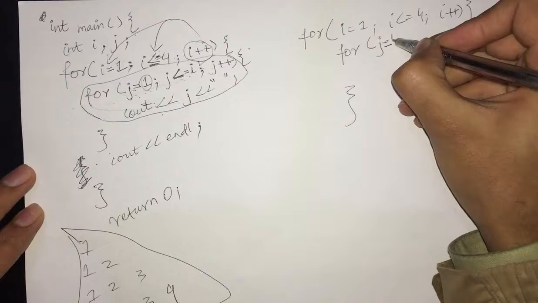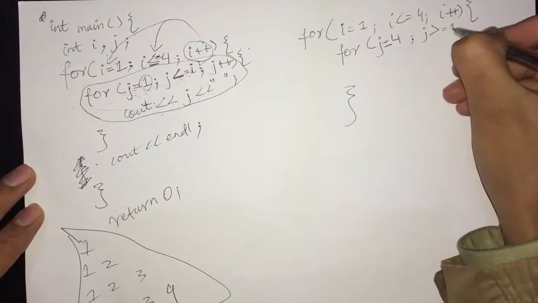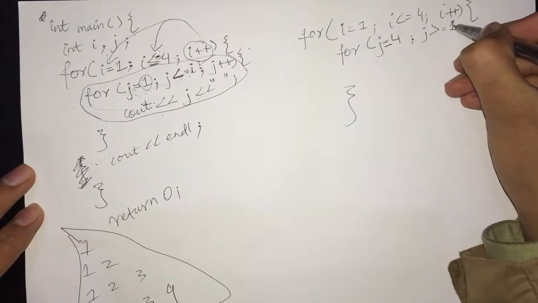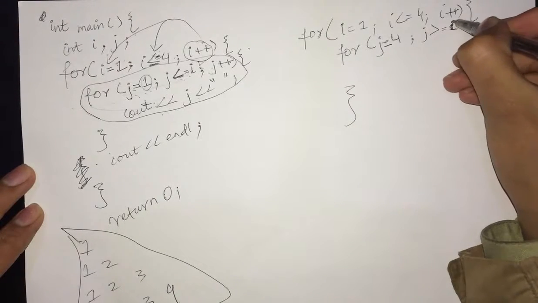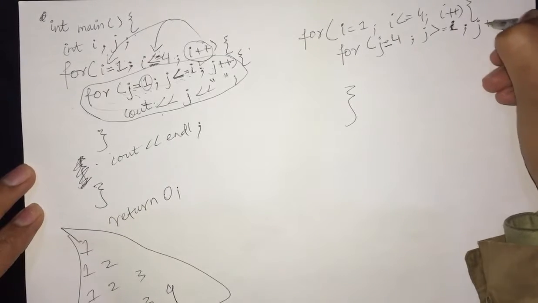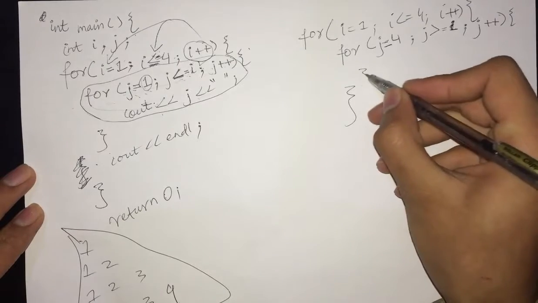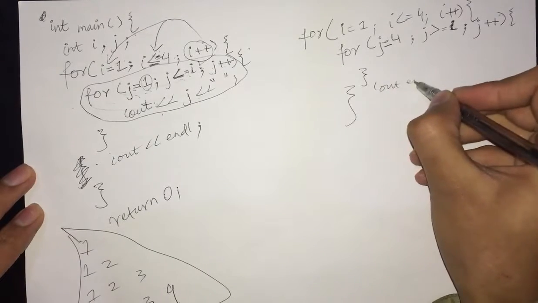So for j equals 4, if j is greater than or equal to i, then j minus minus, and here cout endl.